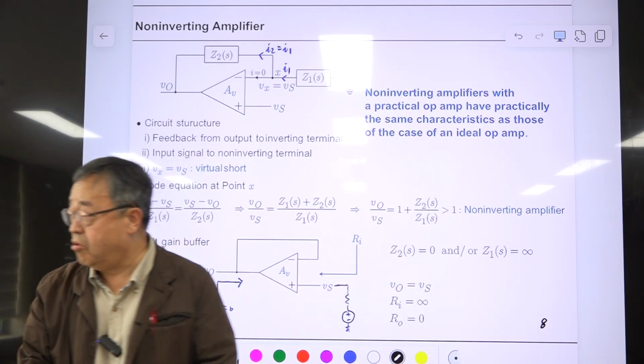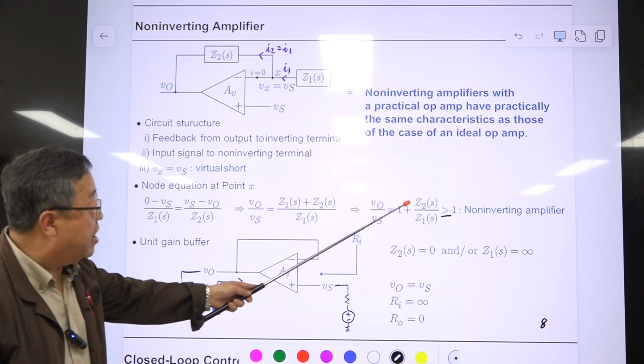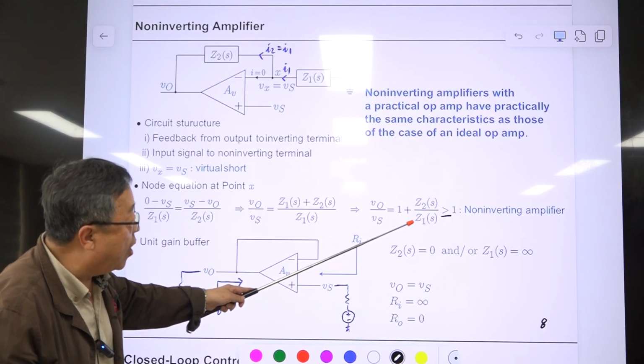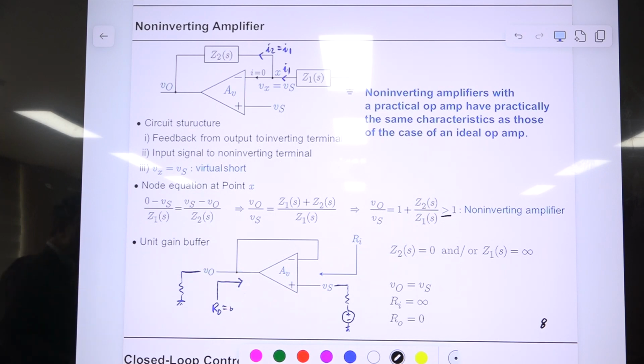Okay, it can be equal to 1. When does that happen? When this equal sign is valid, when G2 is 0 or G1 is infinity. Here is that kind of configuration, then the gain becomes 1, right?